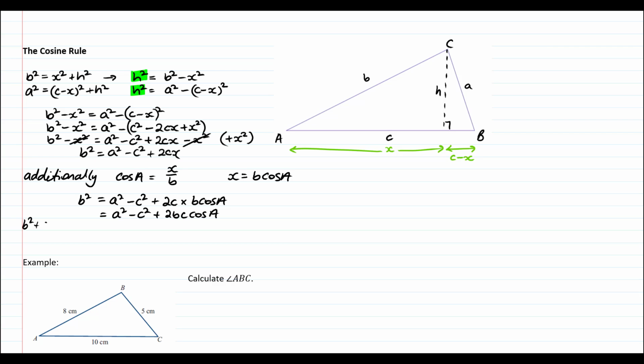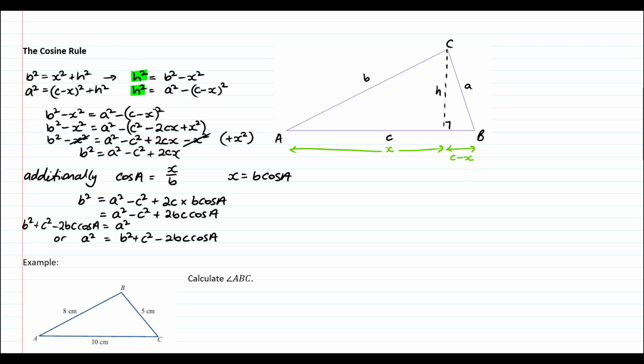B squared plus C squared minus 2BC cos of A equals A squared, or A squared is equal to B squared plus C squared minus 2BC cos of A. And that's the cosine rule.